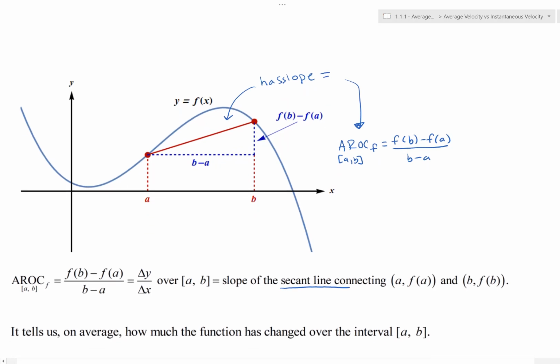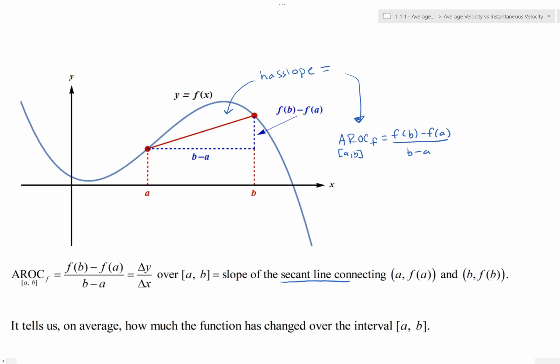Now, what does it tell us? It tells us, on average, how much the function has changed over the interval from a to b. Has it gone up? Has it gone down on average? And if so, per unit of increase in the horizontal direction, how much have we gone up or down in the vertical direction?